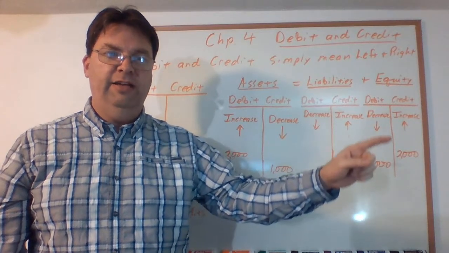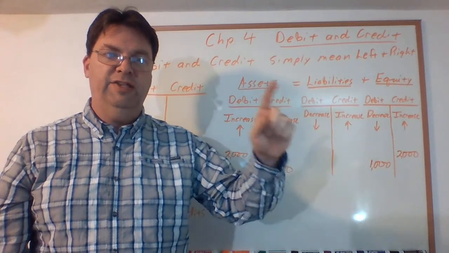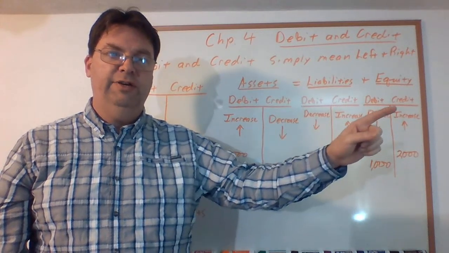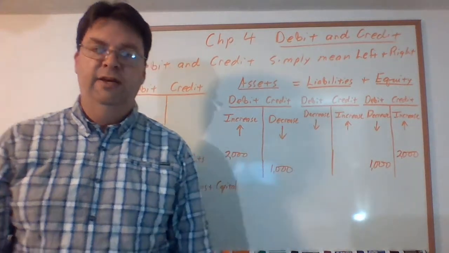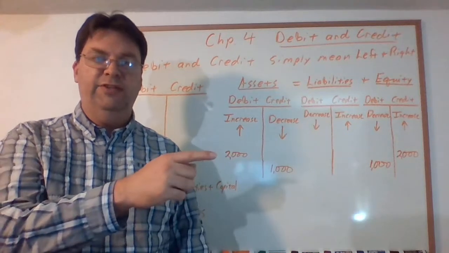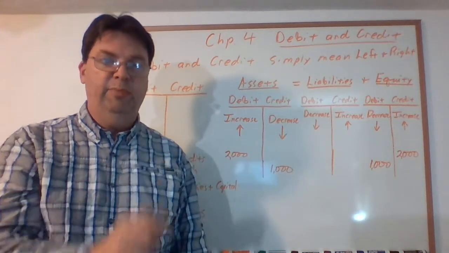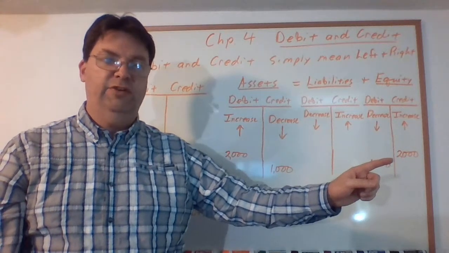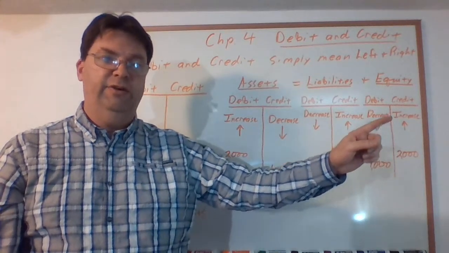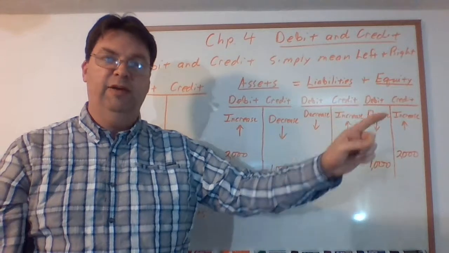And so how do we increase anything over here on this side of the equal sign? Increases are with a credit. And there it is. So we have 2,000 as a debit because assets go up with debits. And we have 2,000 as a credit for equity because credits make things increase on this side of the equal sign for liabilities and equity.